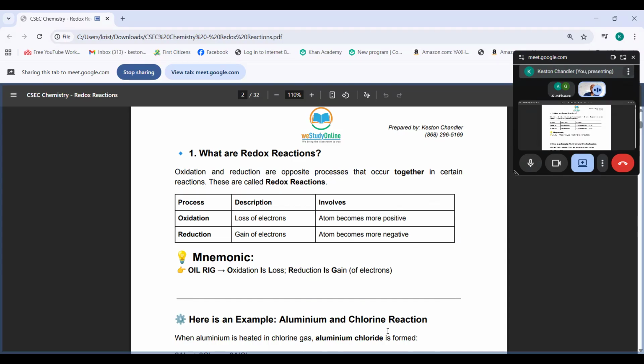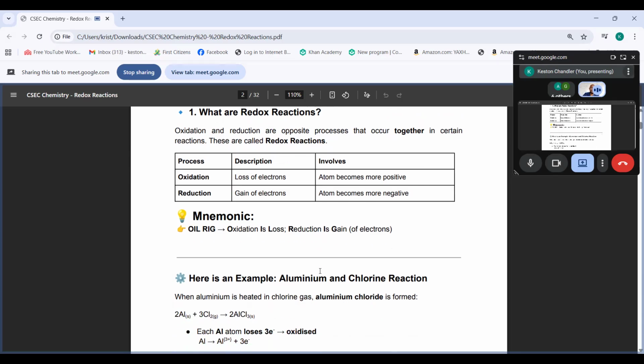Losing electrons makes it have more protons than electrons, being overall positively charged. The chlorine, on the other hand, is gaining additional electrons, and that too creates an imbalance between the number of protons and electrons, resulting in an overall negative charge on the chlorine atom. So it becomes a chlorine ion. So basically we define oxidation as the loss of electrons and reduction as the gain of electrons.